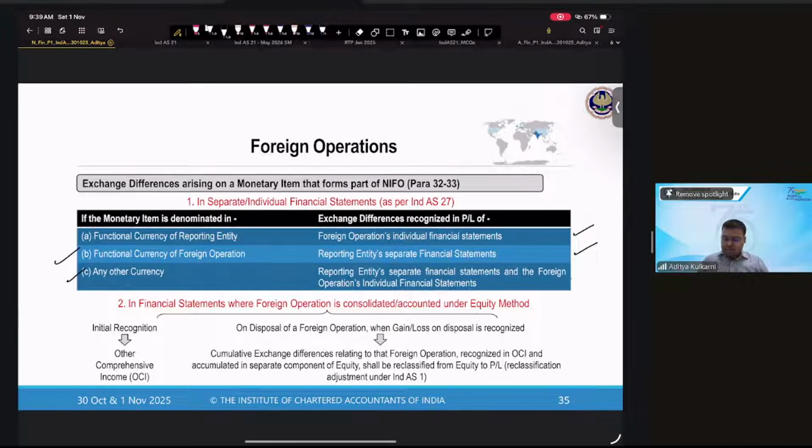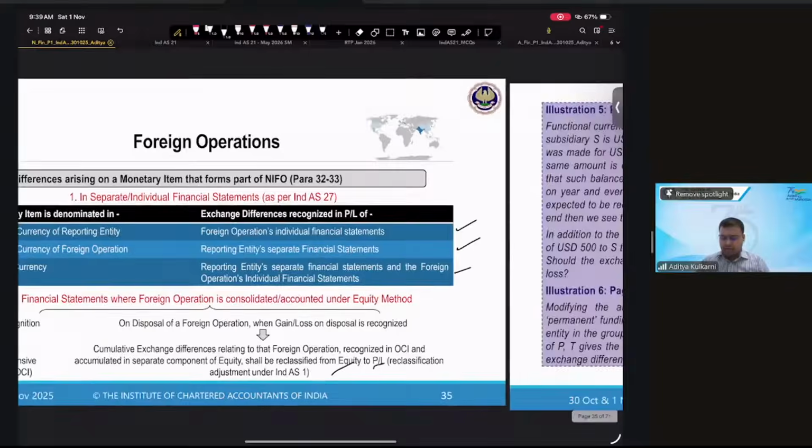So in both the currencies, there will be an exchange difference that arises. Where the foreign operation is consolidated under the equity method, on initial recognition you take it to OCI. On disposal, you move the OCI from equity to P&L. So that is the standard.